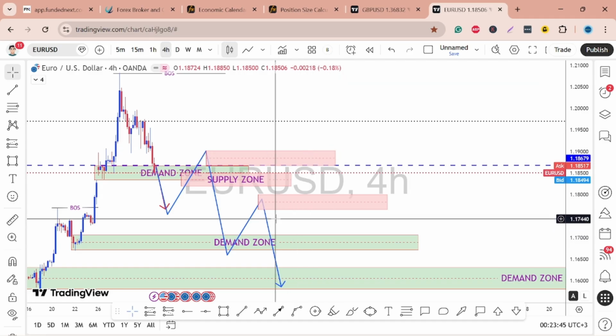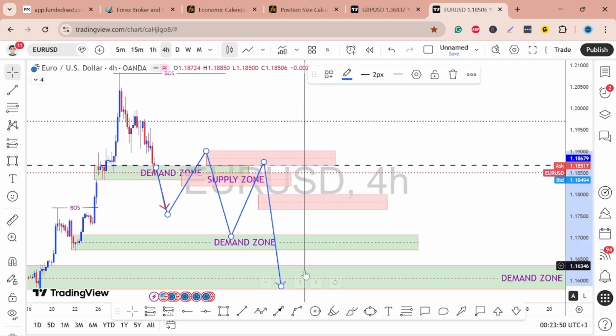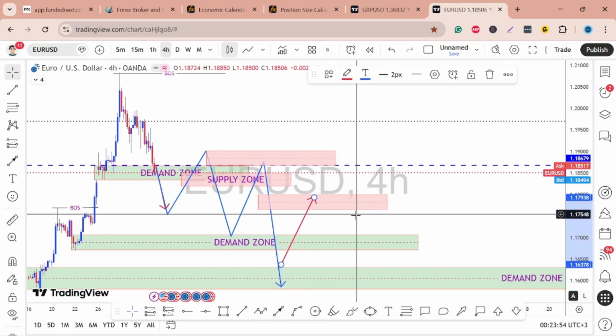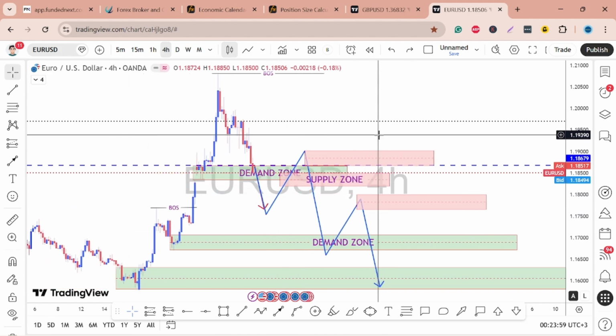So you may be able to take your trades from this level and this level again, the newly created supply zones.